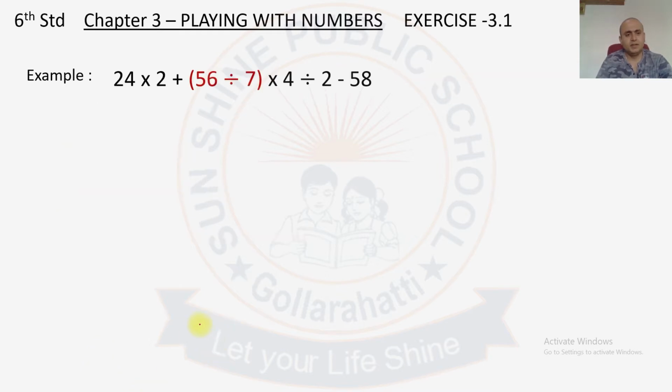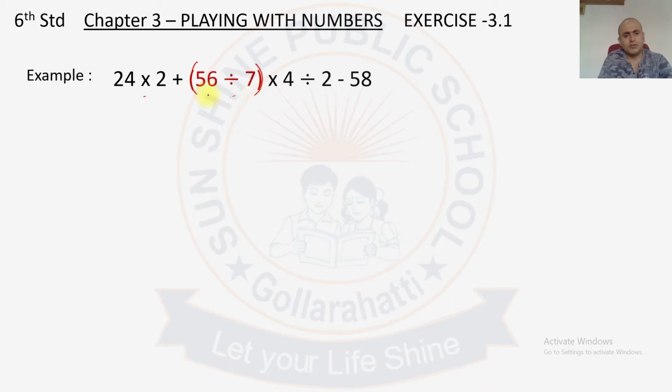So example: 24 into 2 plus (56 divided by 7) into 4 divided by 2 minus 58. So they have given multiplication, addition and division, and they have used a bracket also, along with the multiplication sign, division sign and subtraction sign. They have used all the operations here and they have given a bracket for 56 divided by 7.